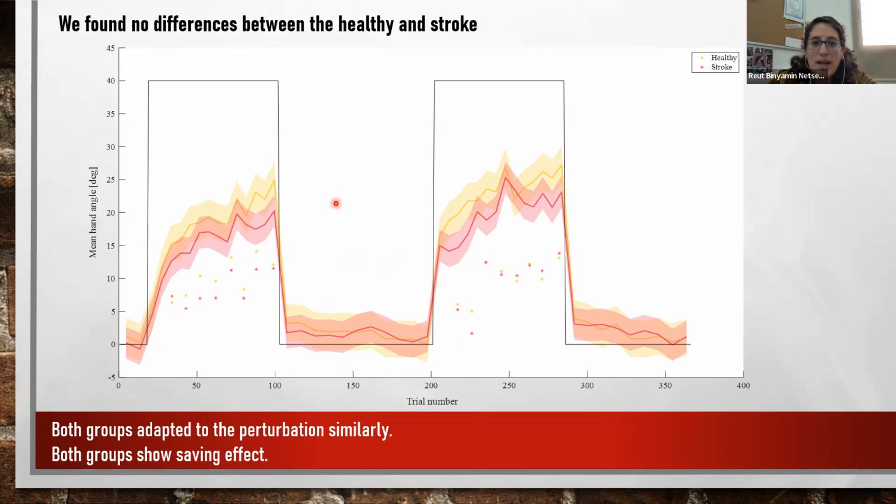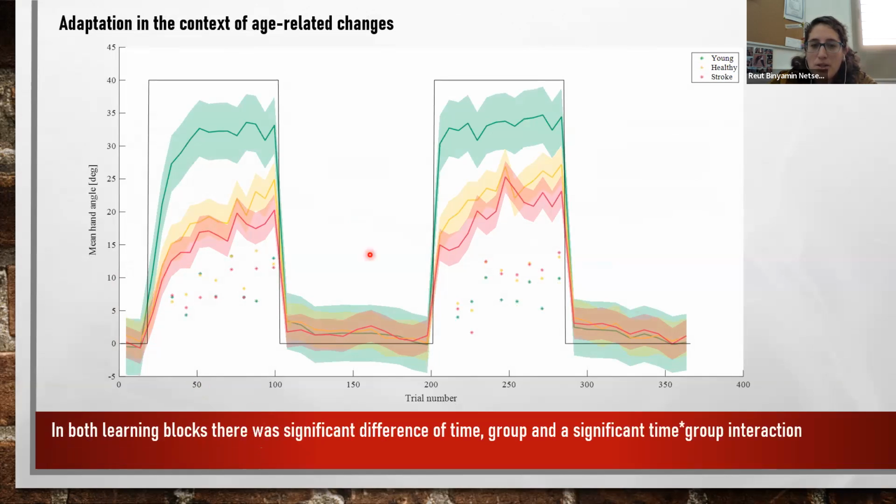But when we looked at age, we saw a different picture. So we found significant difference of time, group, and interaction in both learning blocks. In the first learning block, the interaction was driven by the fact that the change over time was significantly bigger in the young group in comparison to the other groups.